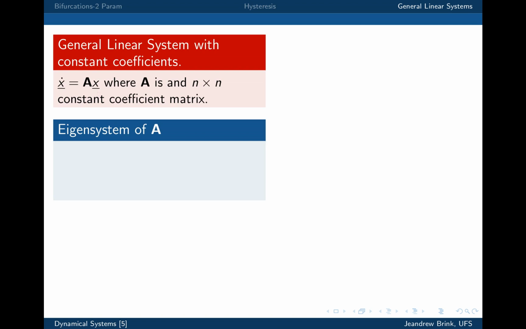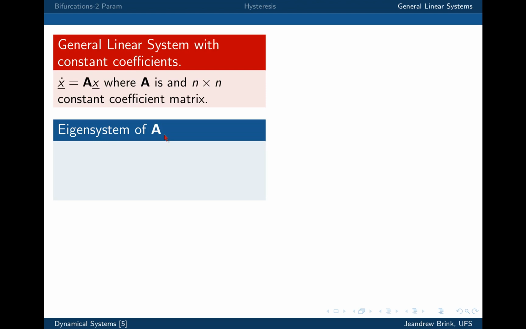The way we go about it is to use what we know about A, the linear algebra properties, and in particular, we want to look at the directions of A that remain unchanged, because those directions will give you solutions that are just one-dimensional again. So we're going to convert this n by n matrix equation to n one-dimensional equations by using the properties of A. And the property we use is we compute the eigensystem of A.